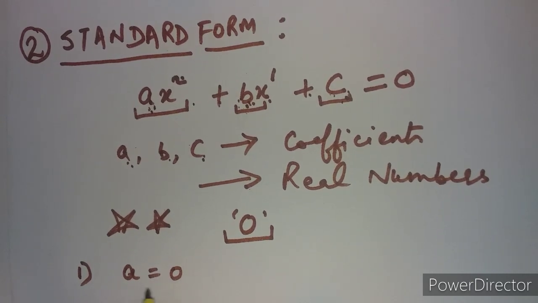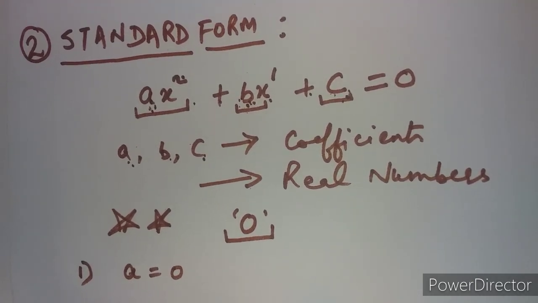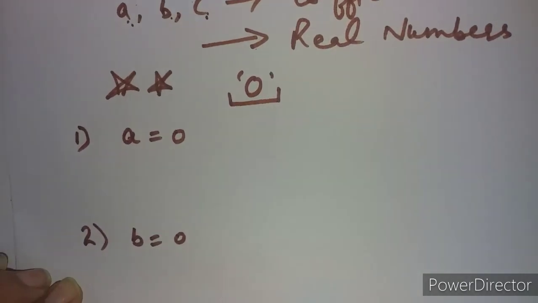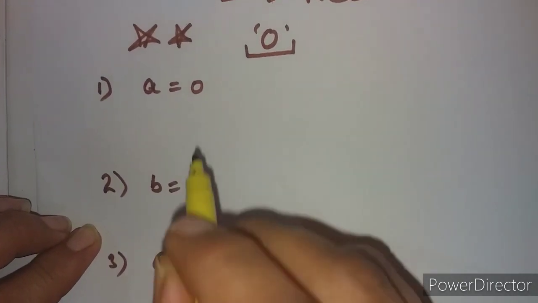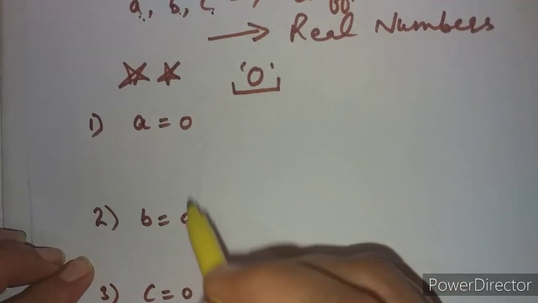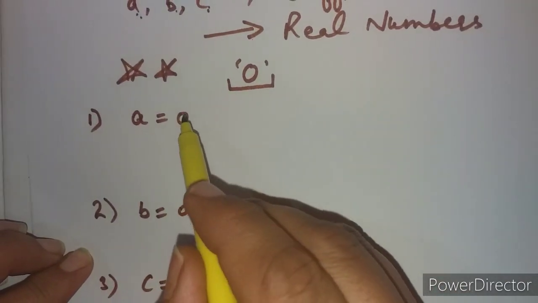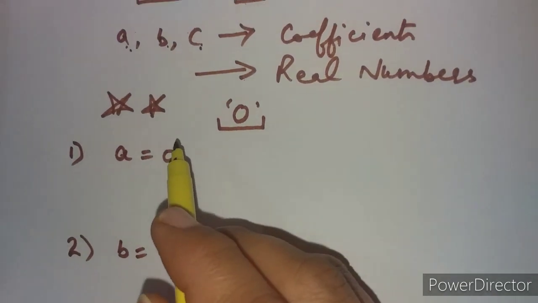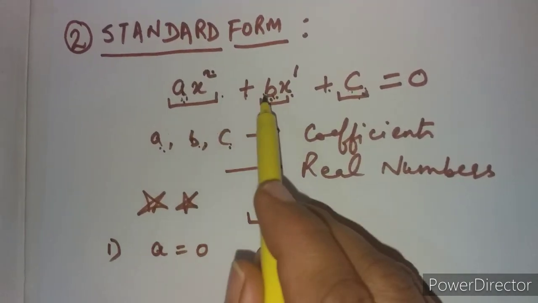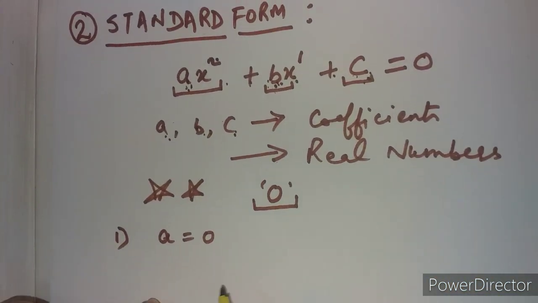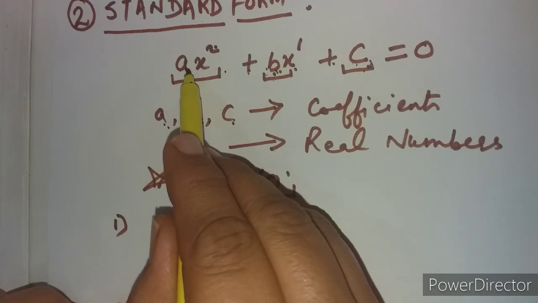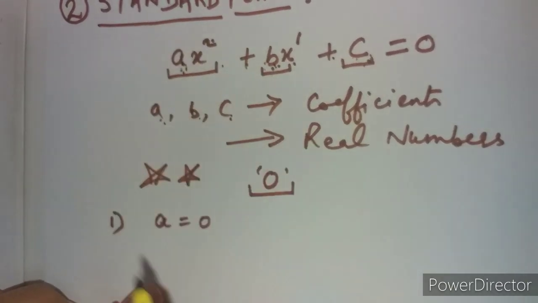Second is I put b equal to 0, and the third is when I put c equal to 0. Three different cases, three different positions for our real number 0 I am going to discuss. So let us see how it makes a difference to our standard form of the quadratic equation. If a is equal to 0, a equal to 0 means 0 multiplied by x square, meaning the whole term will go 0.